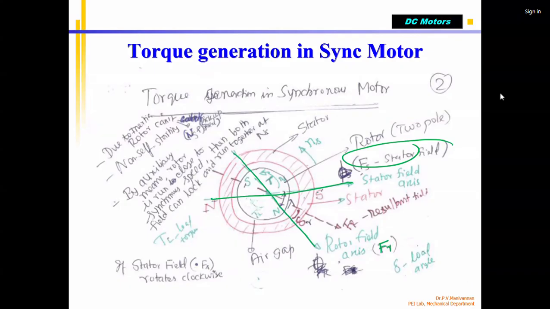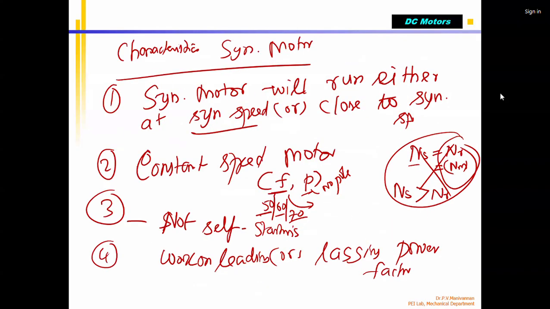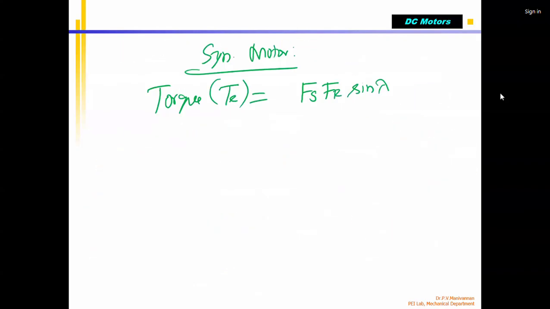Then, because there are two magnetic fields, there will be a resultant magnetic field, that is capital FR. Now, as I told you, when you calculate the torque, this will be very small. Fs multiplied by Fr multiplied by sine of lambda. Already we know what that is.